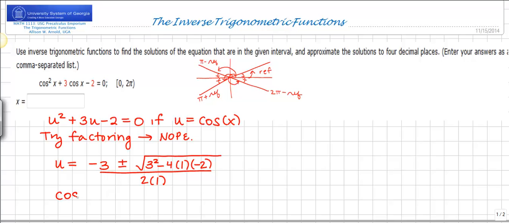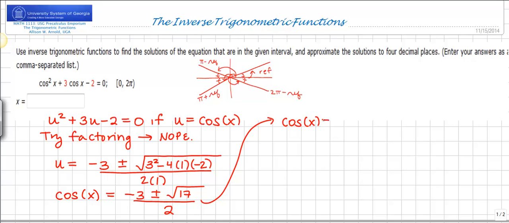We know that this really means cosine of x equals negative 3 plus or minus the square root of 9 plus 8, all divided by 2. And moving this up here, we know that the cosine of x is either negative 3 minus root 17 over 2, or negative 3 plus root 17 over 2.